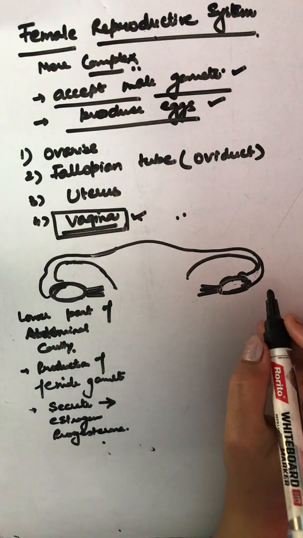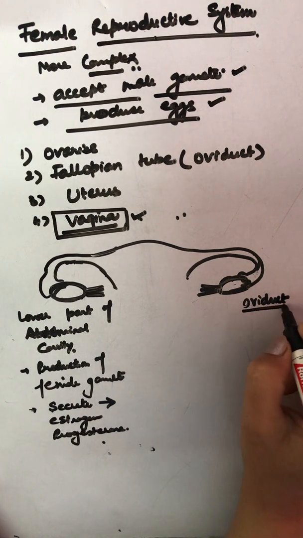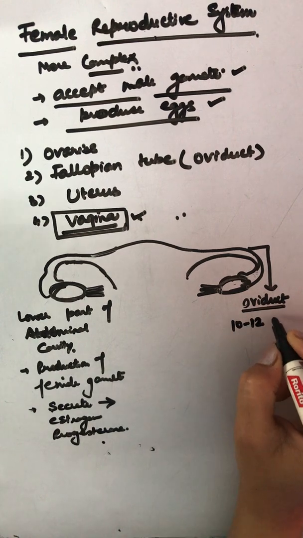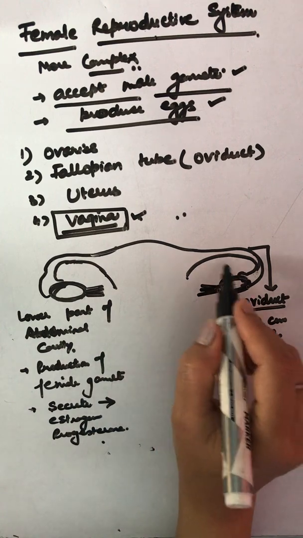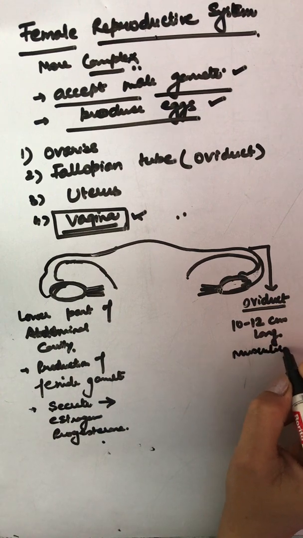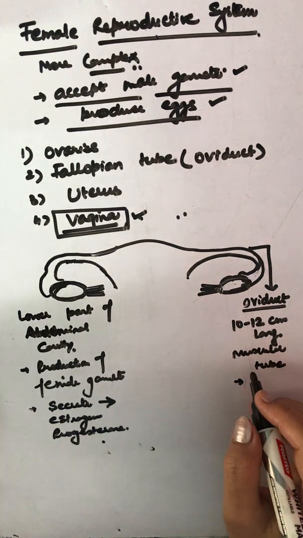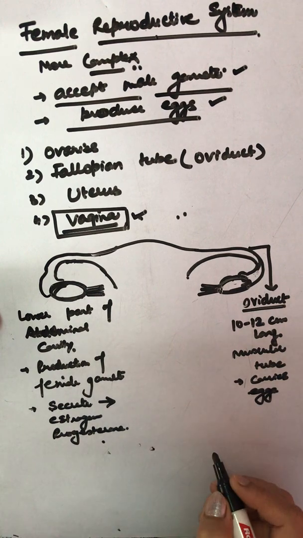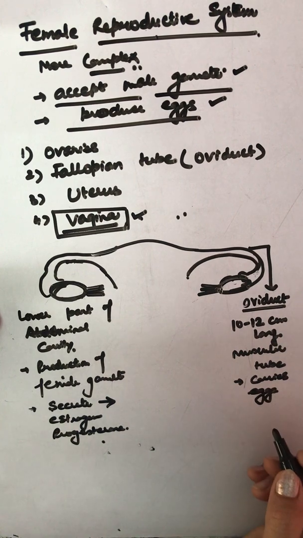Now these are the oviducts, about 10 to 12 centimeters long, and it is a muscular tube which carries the egg from the ovary to the uterus. Muscular tube. What it does is it carries eggs for fertilization or for removal from the body when unfertilized.